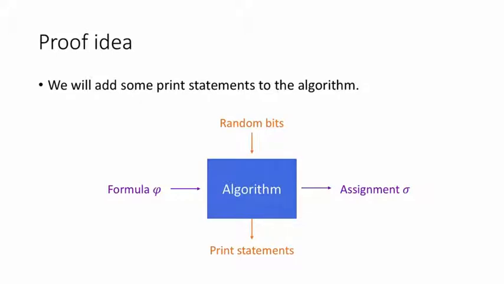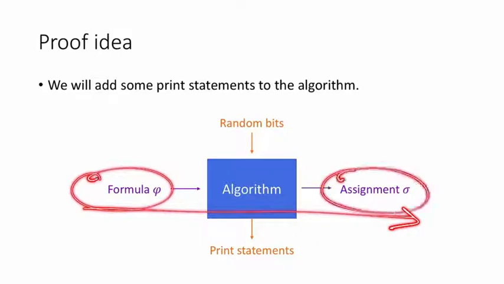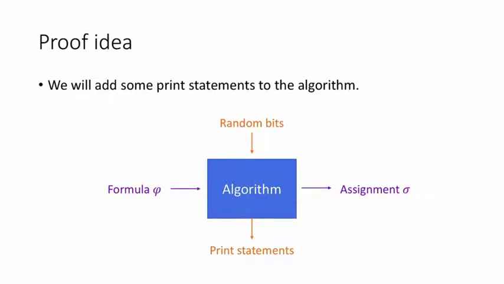So the natural way to view this algorithm is kind of in this direction. This is the input, this is the output. The idea of the proof is going to be to view it in this direction, so thinking of the random bits as the input and the print statements as the output.